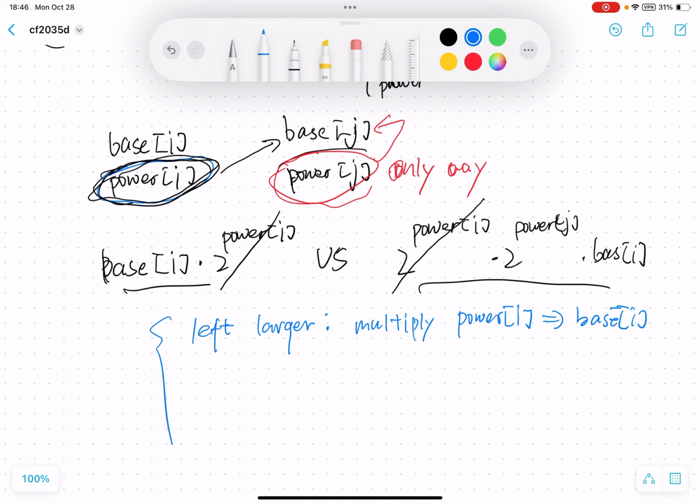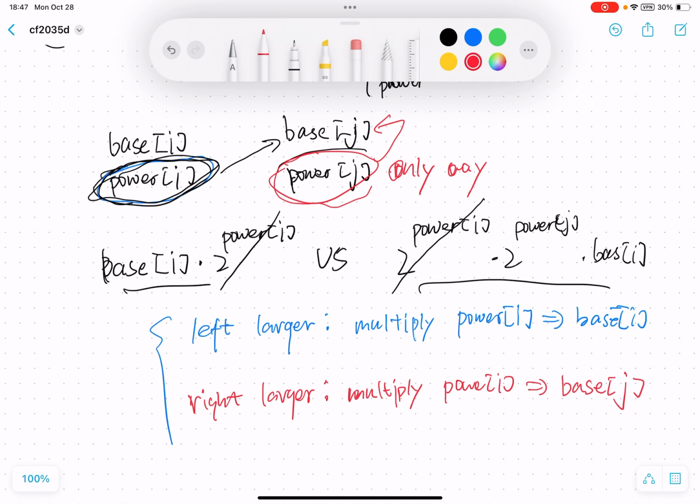In contrast, if the right is larger, we need to multiply power I into base g. That means if we multiply power I into base g, the second value will be larger.